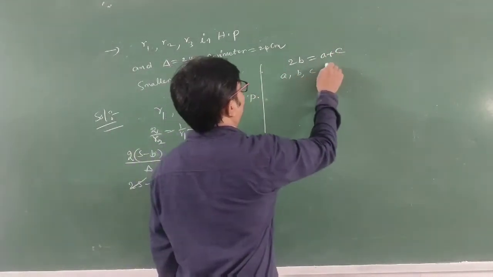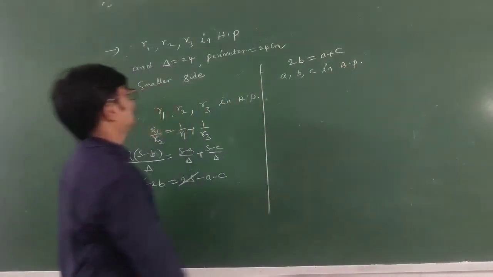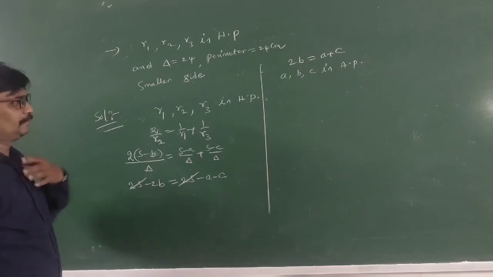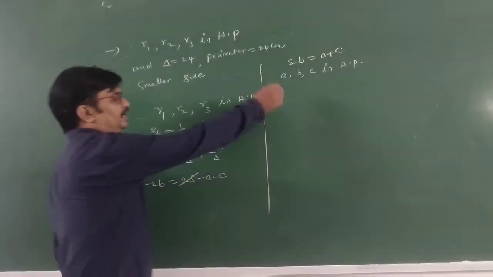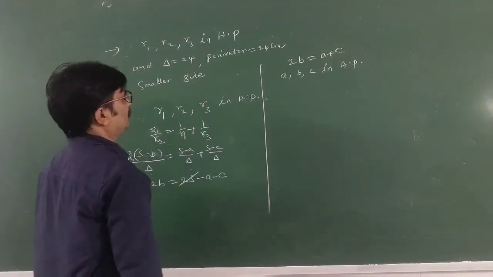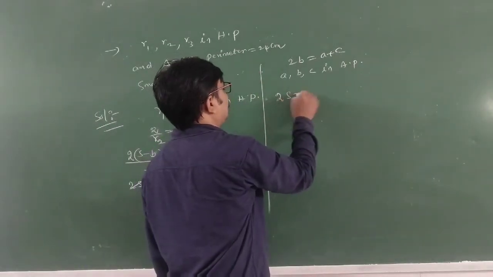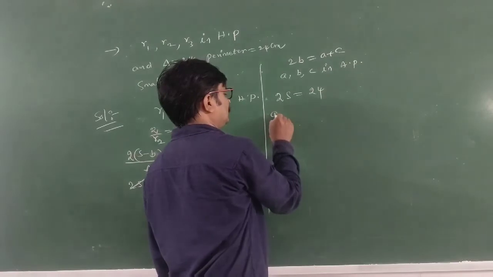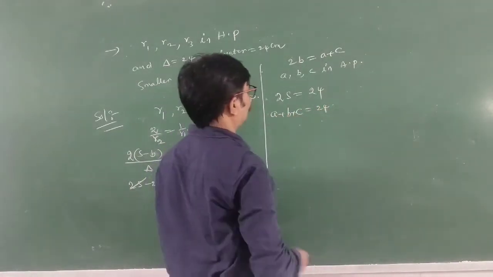Therefore, A, B, C are in AP. The sides are in AP. The smallest side is undoubtedly a or c. One more information is the perimeter. Perimeter is given as 24. This is A plus B plus C equals 24.